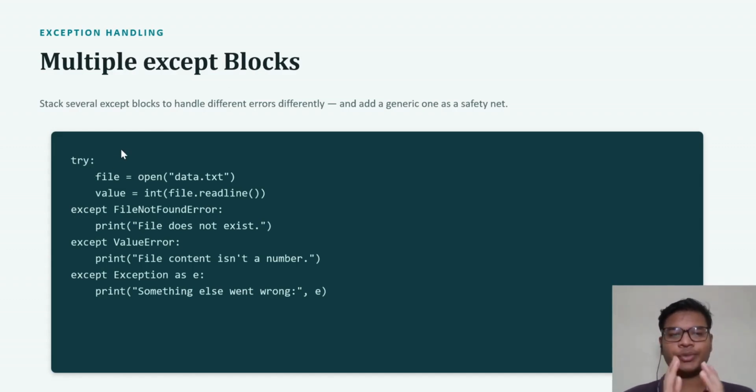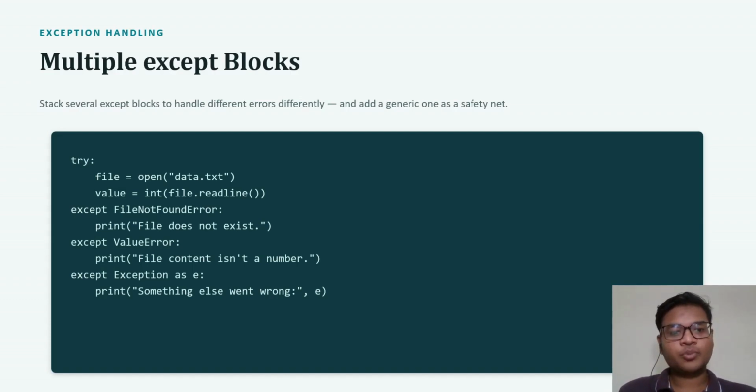In the try block we open any file, and after that we have a value, that means int of file.readline. That's the readline. After that we have an exception, FileNotFoundError, one type of error, and we print file does not exist.